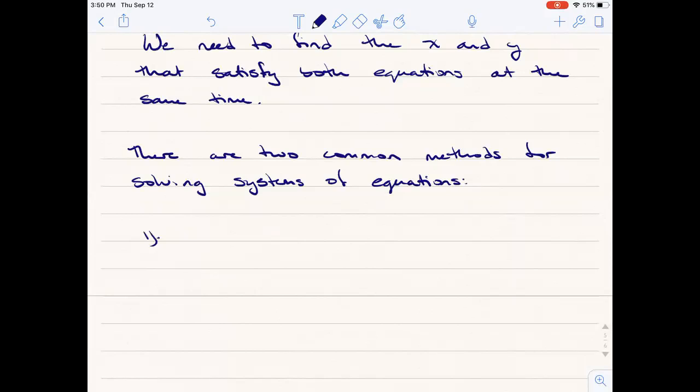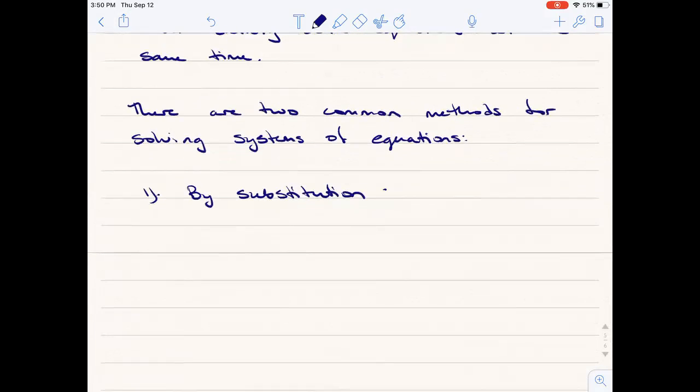First one, by substitution. Which says solve for a variable. So pick one of the variables that you're going to solve for, and then plug that into the other equation, and then one of those variables disappears.